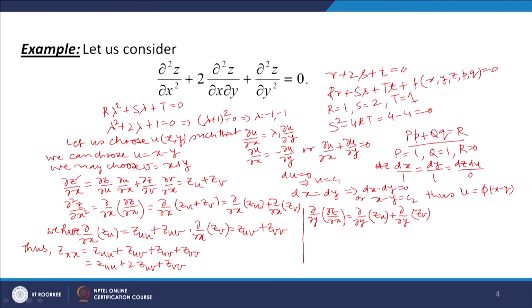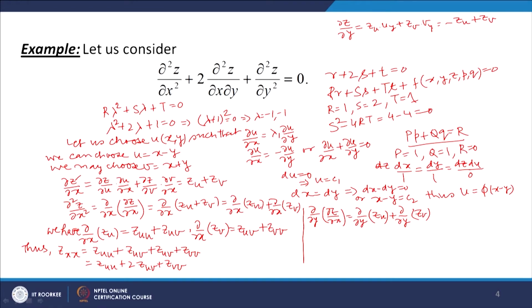And these values can be found from here. We have not differentiated z with respect to y so far. So let us write the partial derivative of z with respect to y. So this is z_u into u_y plus z_v into v_y. And how much is that? u_y is equal to -1, so we get minus z_u, and v_y equal to 1, so we get z_v.